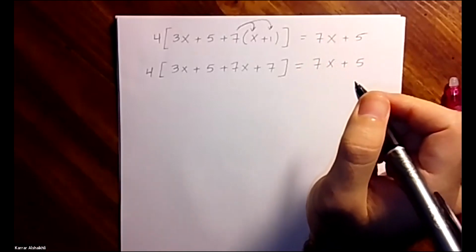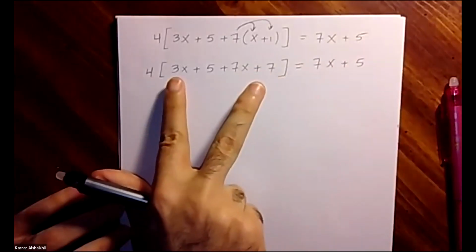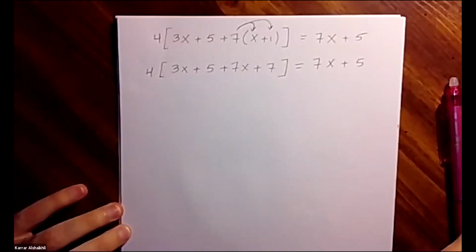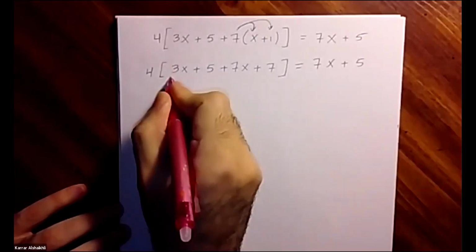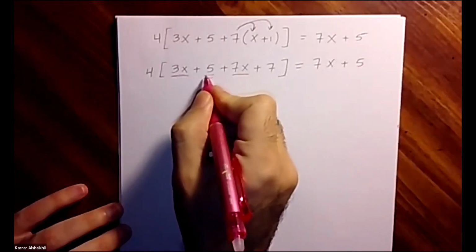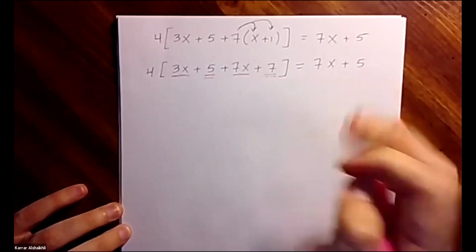So next step now, we're going to combine the like terms inside the brackets. 3x with the 7x and 5 with the 7.